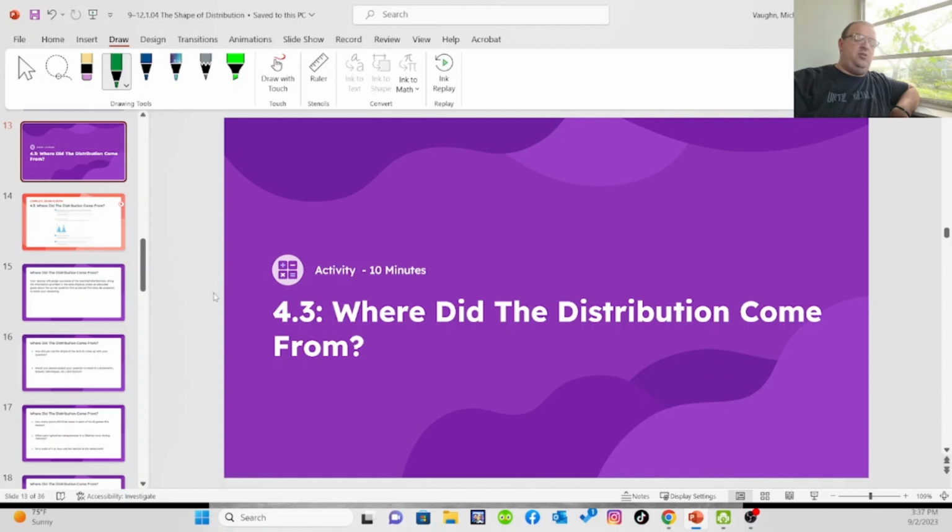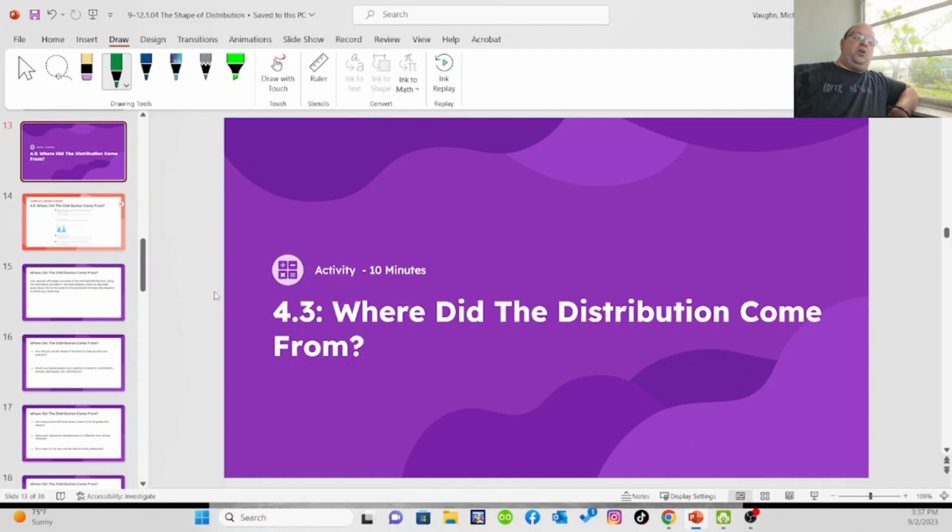Remember, we said not only did we want to be able to use the vocabulary in order to name the shapes and describe them, but we also wanted to be able to take the shape and the labeling and understand what type of question might we ask that would give us that distribution with those numbers if it were asked.